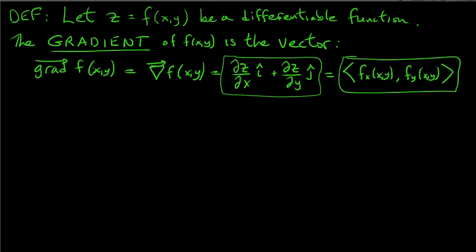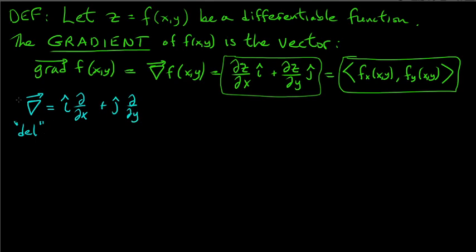Okay, so this little symbol here is sometimes called the del symbol. So it's an upside down delta. So it's just del of some function f. So the del itself, without anything after it, basically is the following vector. The i component of the vector is the partial with respect to x, and then the j component is the partial with respect to y.